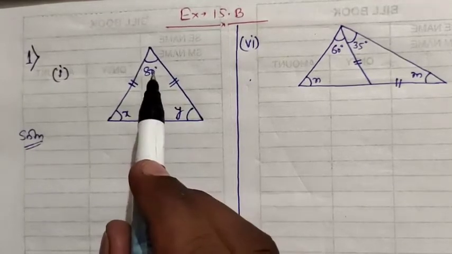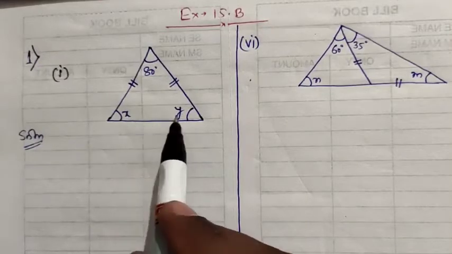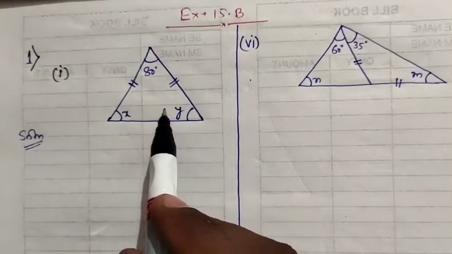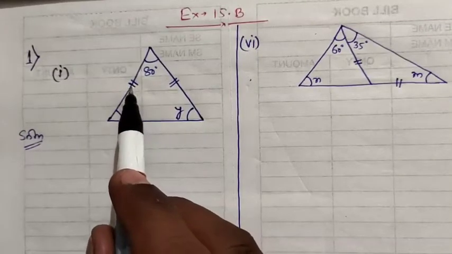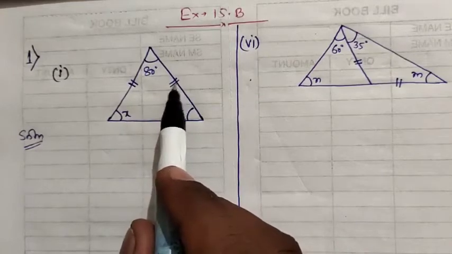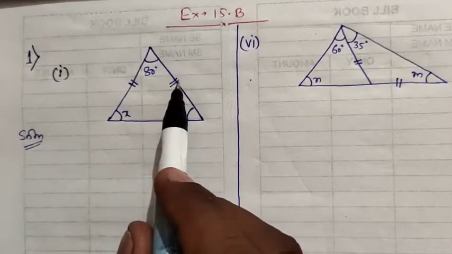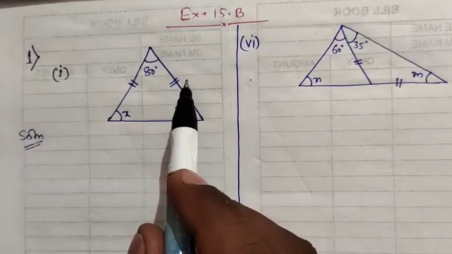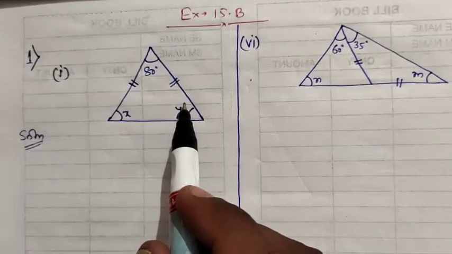Here you can see that the angle 80 degree is given. These two, x and y, are unknown angles. Now let us check which type of triangle it is. We can see that these two sides are equal, since the equality sign is given. In our previous video we studied that the angles opposite to equal sides are equal.